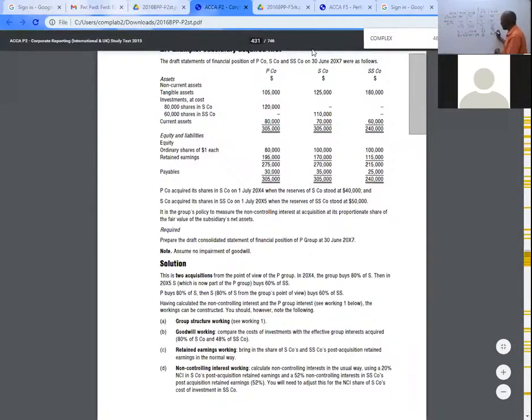33.8. Now, ladies and gentlemen, remember this NCI. I wish ningekuwa na time kidogo, lakini time imekataa. Tuko na parent, tuko na S, na tuko na SS. Hapa kuna kitu moja lazima ujue sana. Remember when S was acquiring SS, it paid how much? It paid 110. S paid 110 to acquire SS.